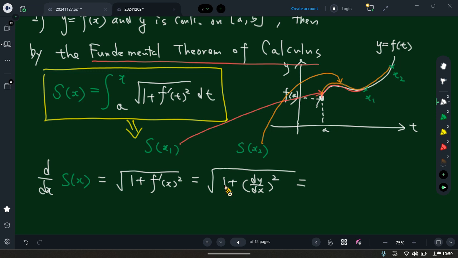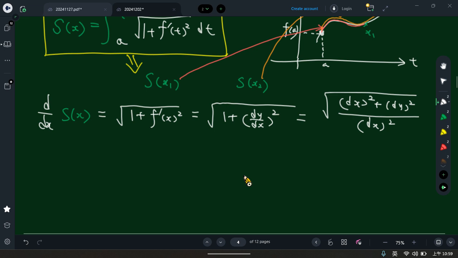So of course we can let it become ds over dx equal to the square root of dx squared plus dy squared over dx squared. So if you convert from here to here, you just regard dy and dx as differentials. That means variables.